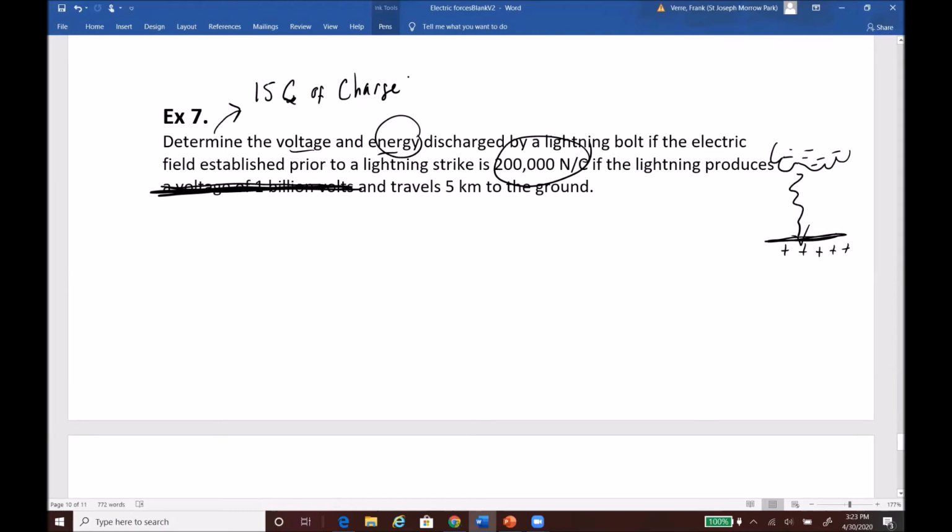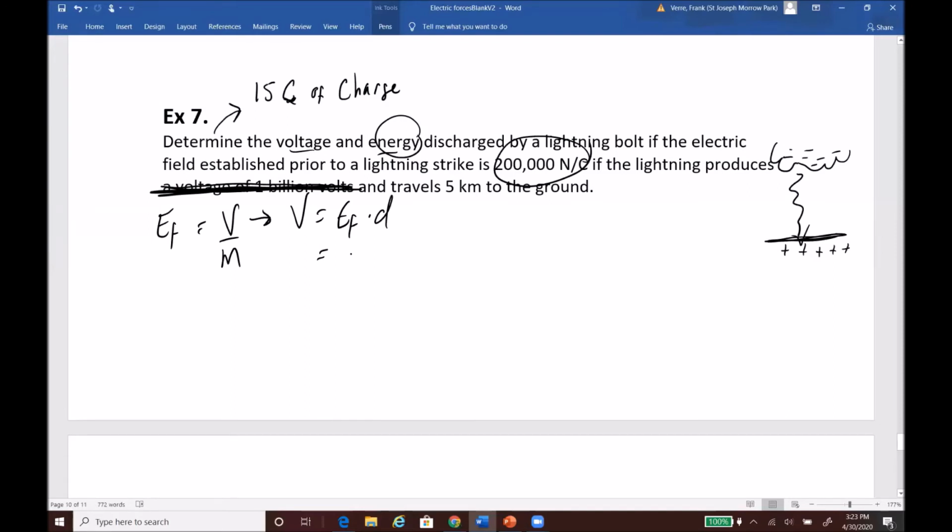Okay, so remember we defined, so we do the voltage first. The electric field strength was defined as volts per meter, right? Voltage over distance. So we can rearrange that to say that the voltage is the electric field strength times the distance in meters.